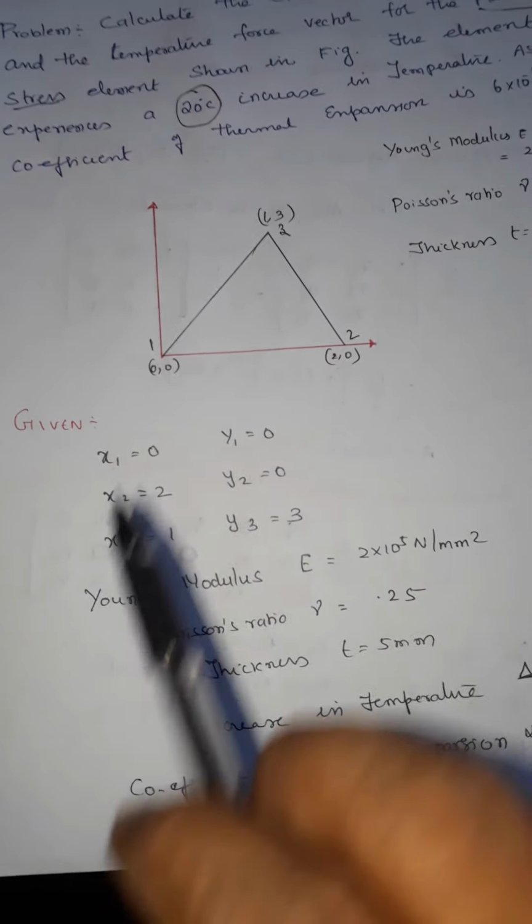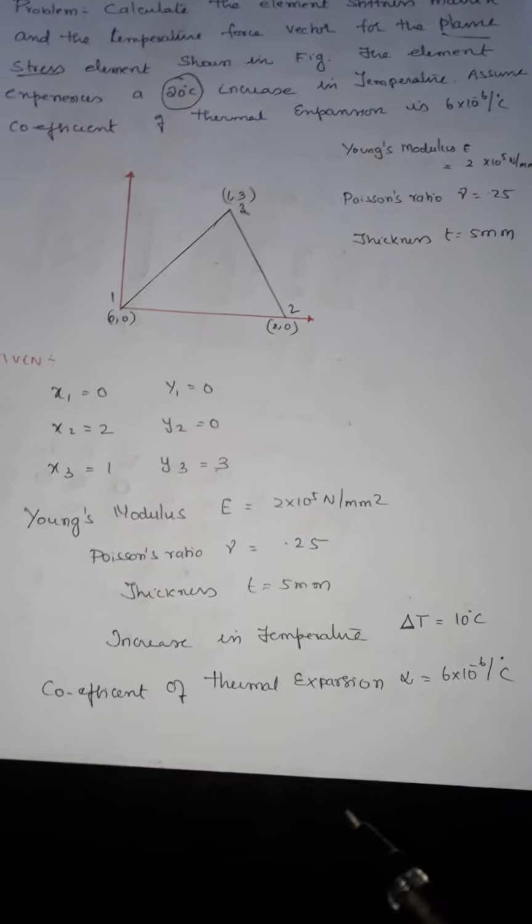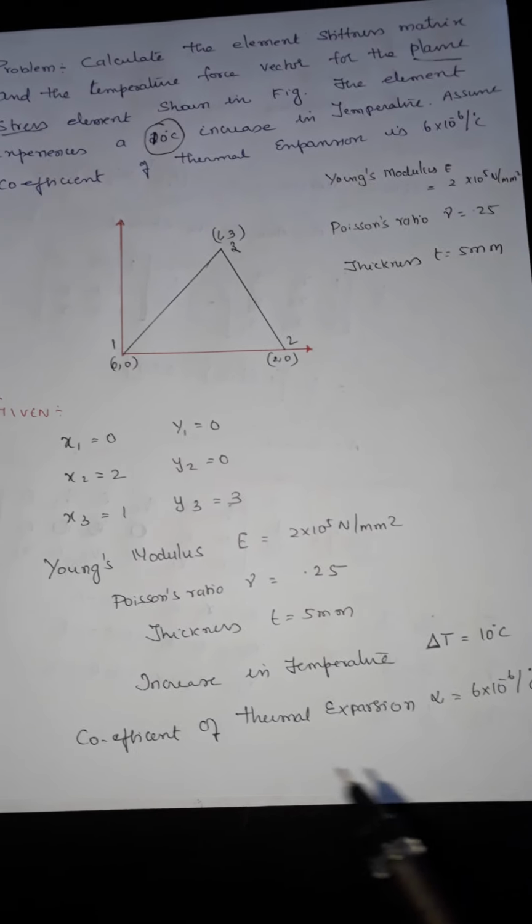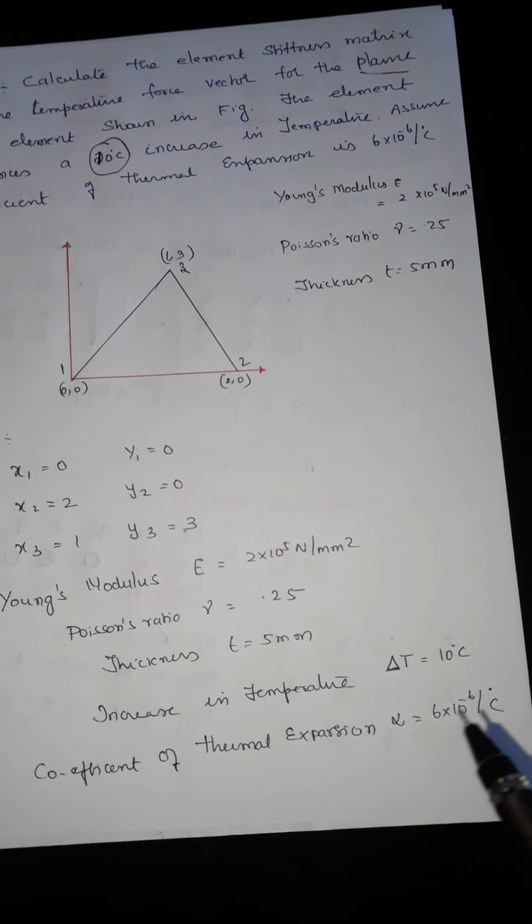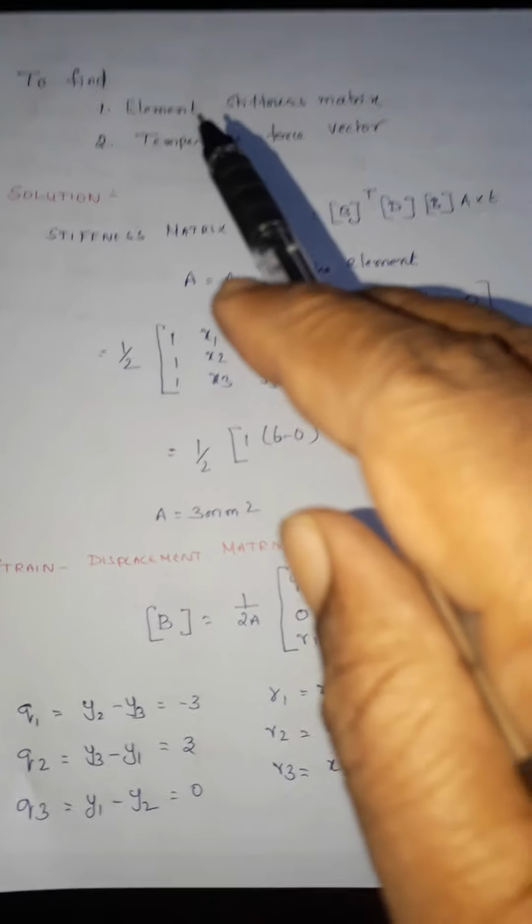Every coordinate and the given data is written, and the temperature is 10 degrees Celsius. The coefficient is 6 into 10 to the power of minus 6 per degree Celsius. Now we will find both the element stiffness matrix and the temperature force vector.